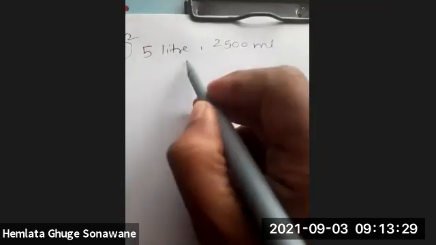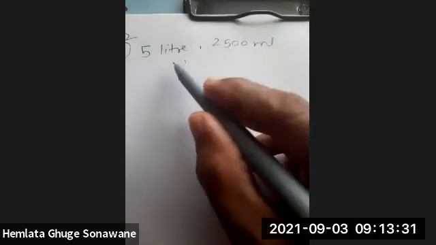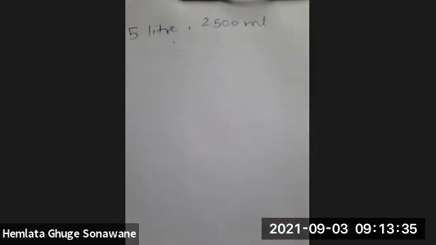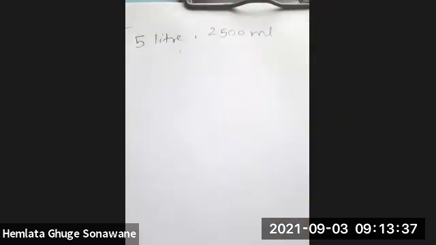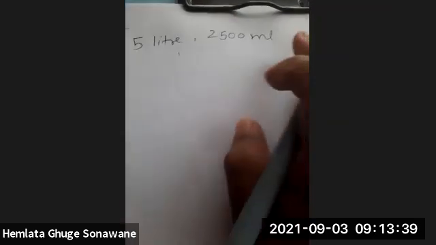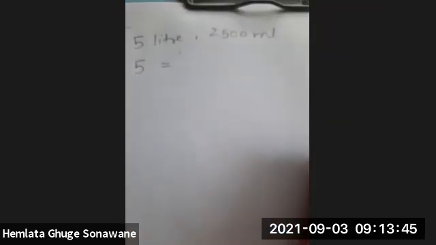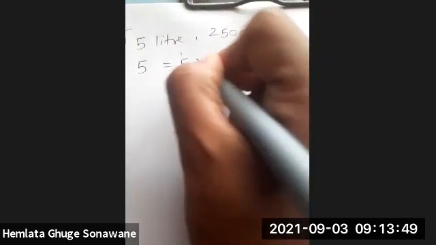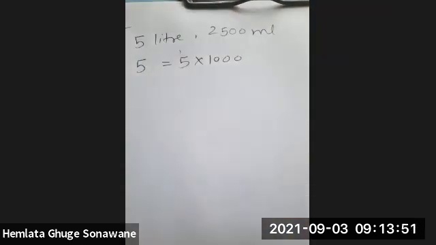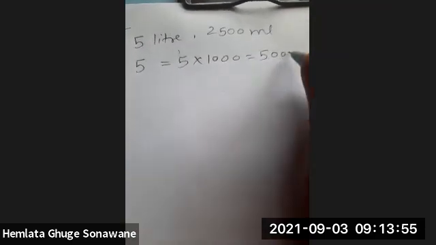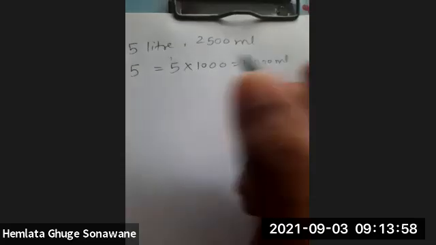Now here the quantities are different. So what do we have to do? We have to first make the quantities equal. So we'll convert this liter into ml. So we know that 1 liter is 1000 ml. We multiply 5 liters with 1000. We will get it as 5000 ml.